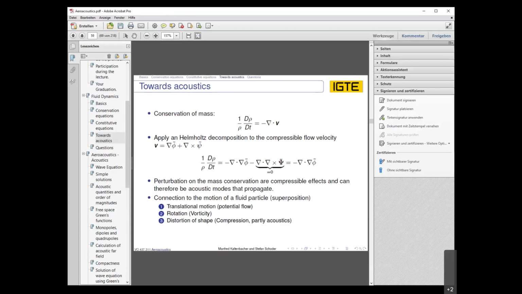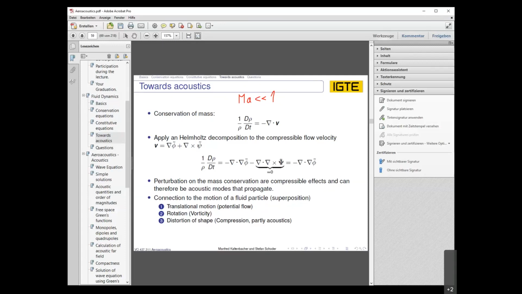Probably I just let you do your notes, and then we go on with the topic towards acoustics. Okay, then we start with towards acoustics.